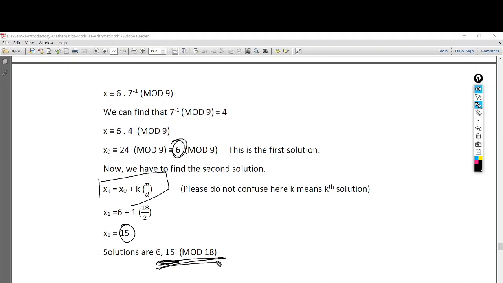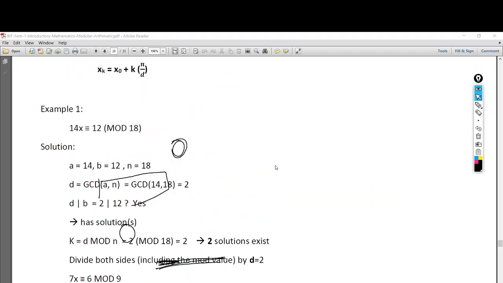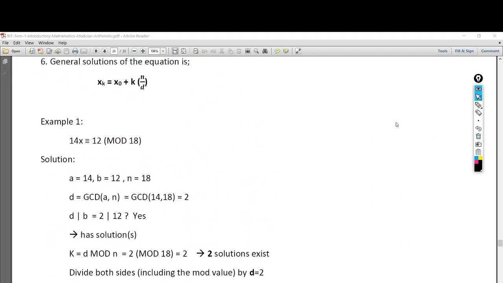Okay, let's see whether the answer is correct anyway. 6 and 15, just substitute one value and see whether it's a valid answer. Let's take something like 6 here. That is 14 into 6. We have to check whether it is congruent to 12 in mod 18.